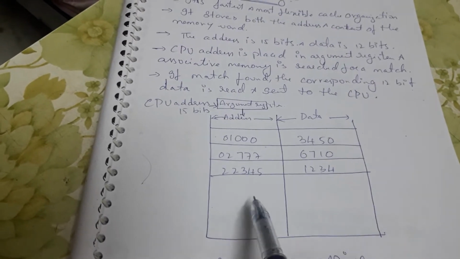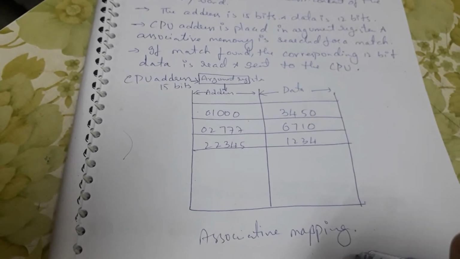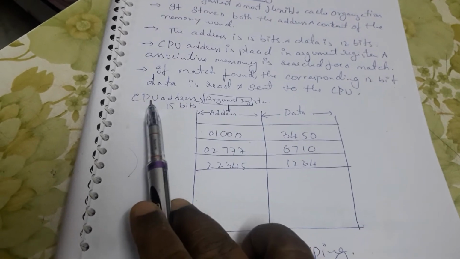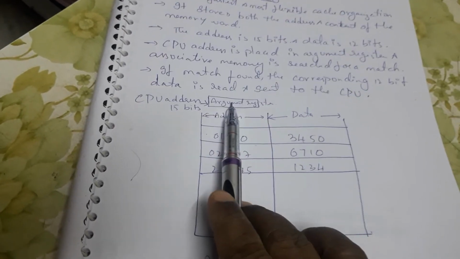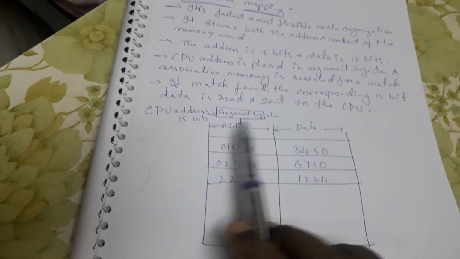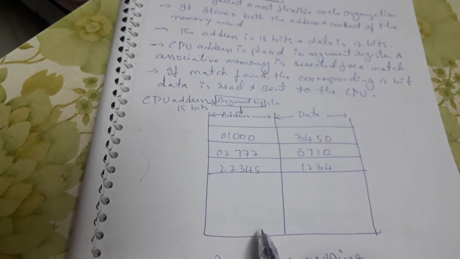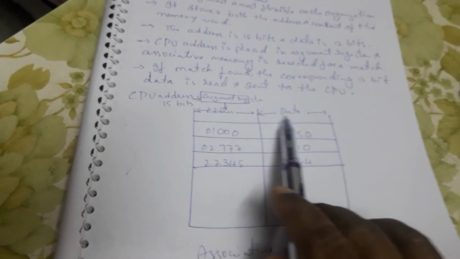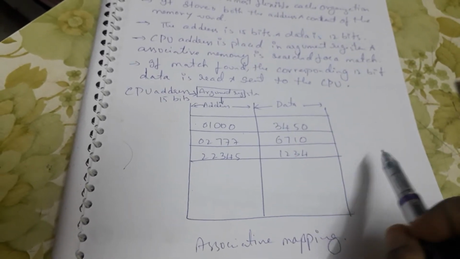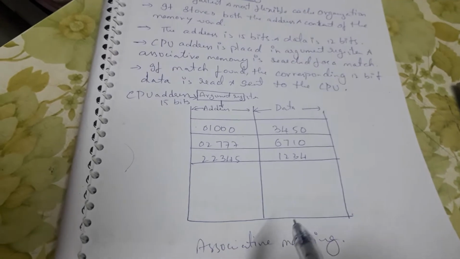So in associative mapping we have an argument register which stores the CPU address, this address is searched in the cache memory, and if found, the respective data is sent to the CPU. This is associative mapping.